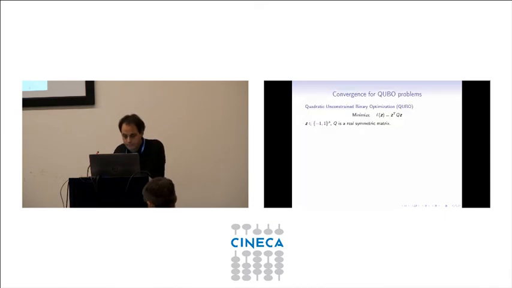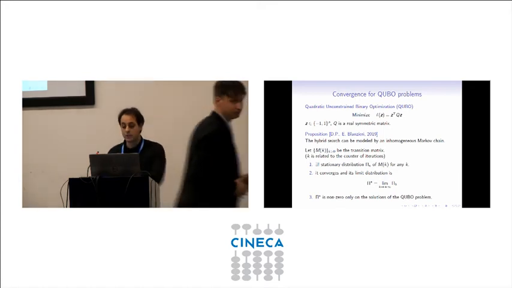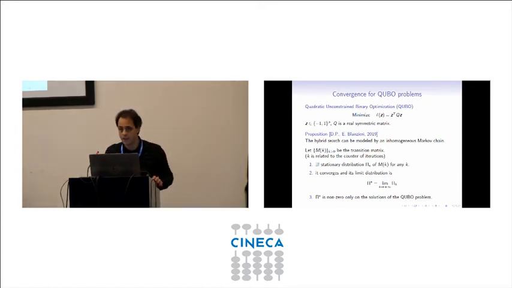Okay. So if we consider a quadratic unconstrained binary optimization problem, a QUBO problem, like this, we have results about the asymptotic convergence of the hybrid algorithm. In particular, we can describe this quantum classical search based on quantum annealing as an inhomogeneous Markov chain with nice properties.